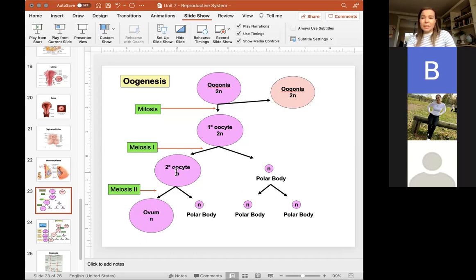So this is different than spermatogenesis, because there, the primary spermatocyte divided into 2 identical secondary spermatocytes. Here, though, you don't have 2 identical oocytes. You have a secondary oocyte and you have this tiny little cell that's called a polar body. This is actually just the result of an unequal division.